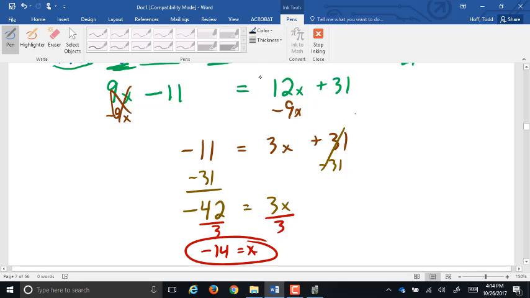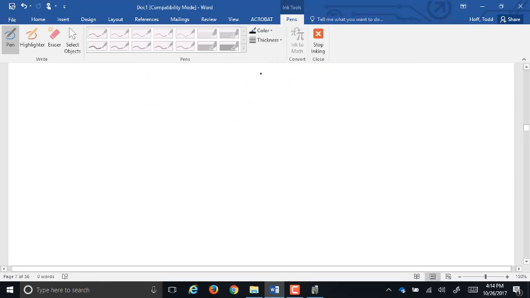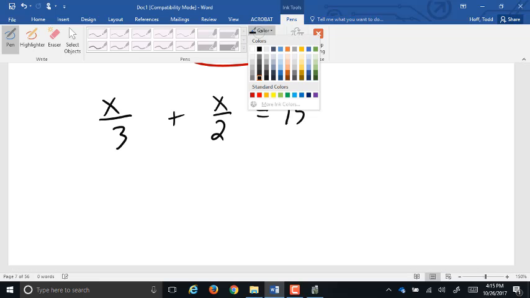Okay, so this next one is going to be a slightly different flavor to it. We've added in our fractions a little bit to our equations already. We've seen ones like this, x over 3 plus x over 2 equals 15.